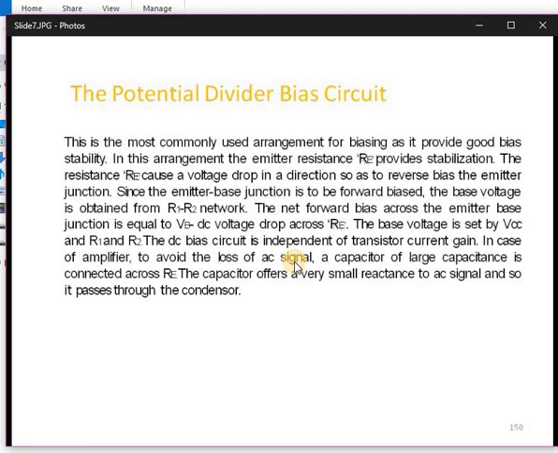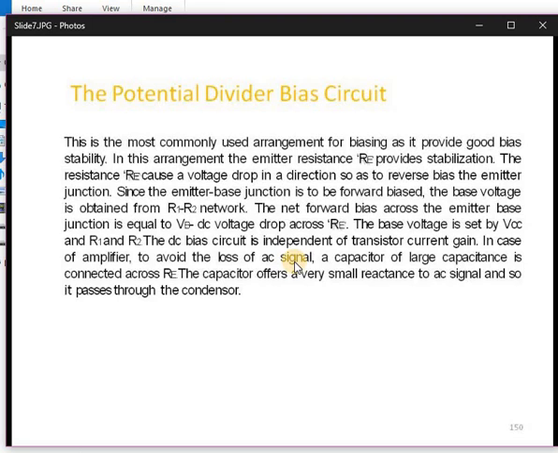So the voltage VBE between the base and emitter will be equal to the DC voltage drop across RE. The base voltage is set by the potential divider circuit, that is R1 and R2, along with the VCC supply.